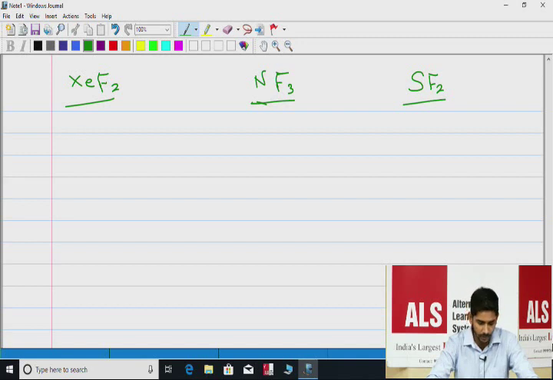Guys, attempt this quickly and tell me the answer. Yes, it is. Guys, refer the table, use the table.